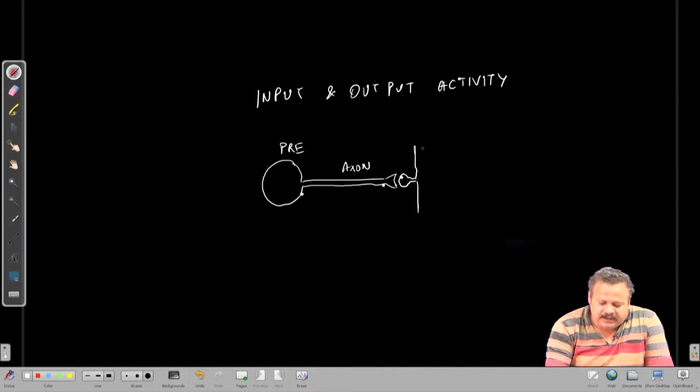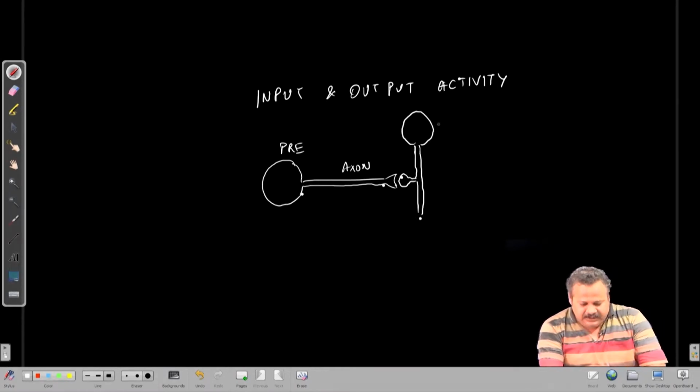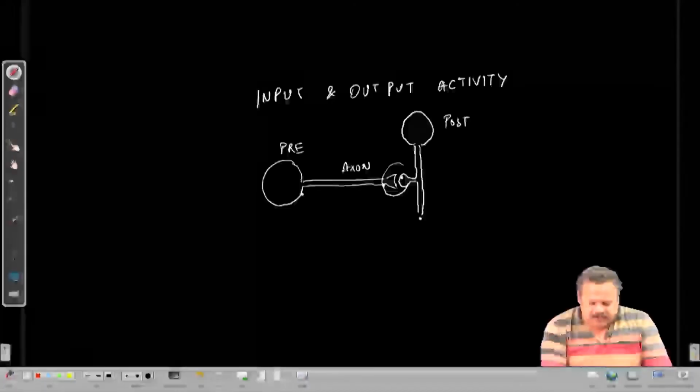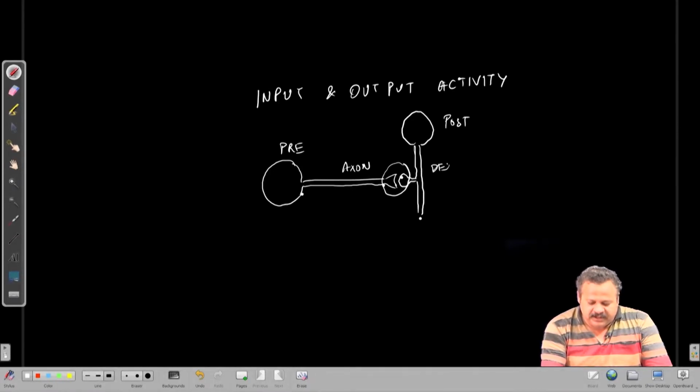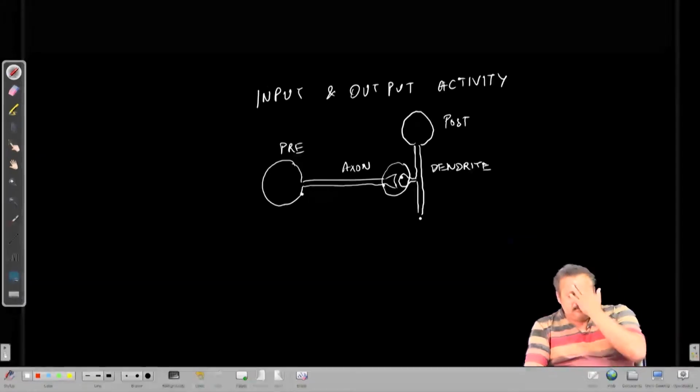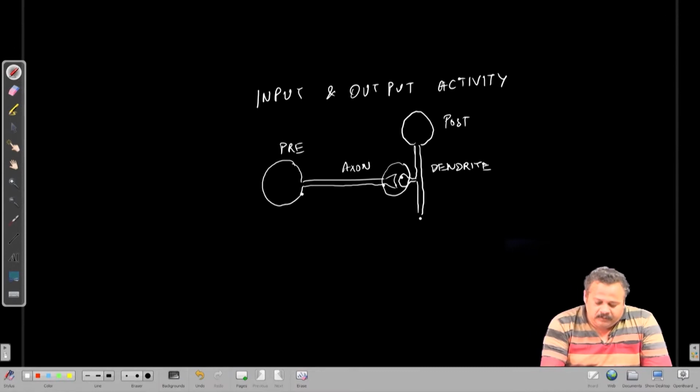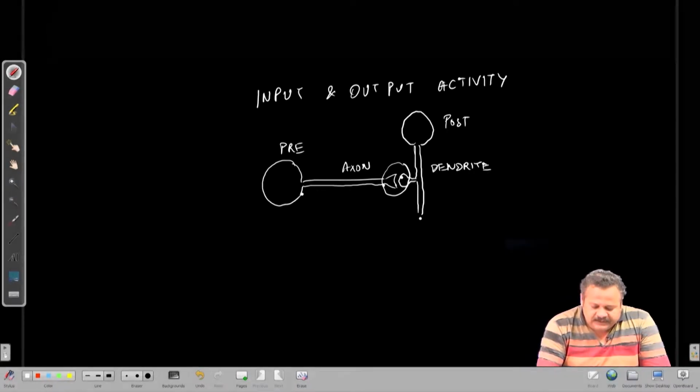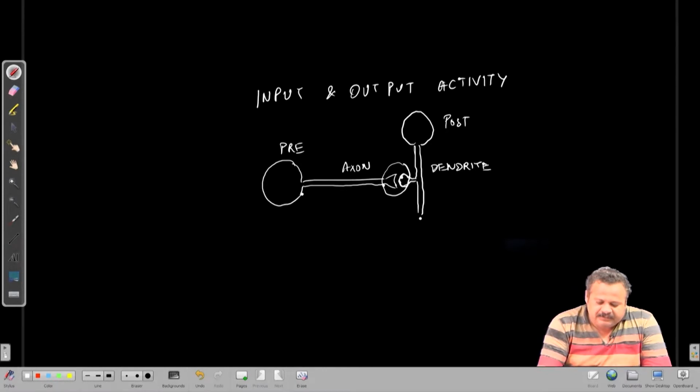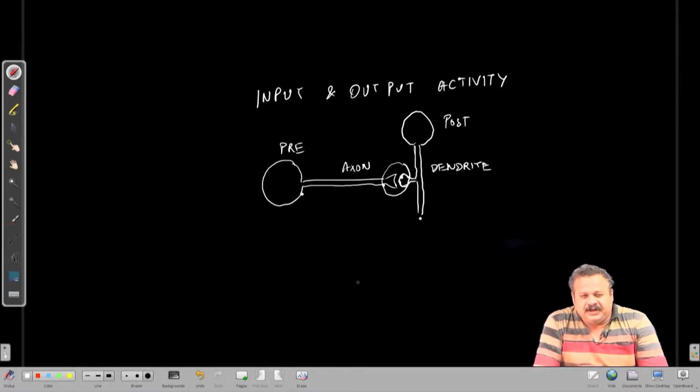This is the dendrite of the postsynaptic neuron, and this is the postsynaptic neuron cell body, and this is our synapse. This is dendrite.